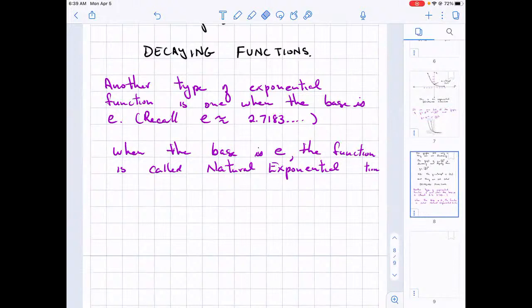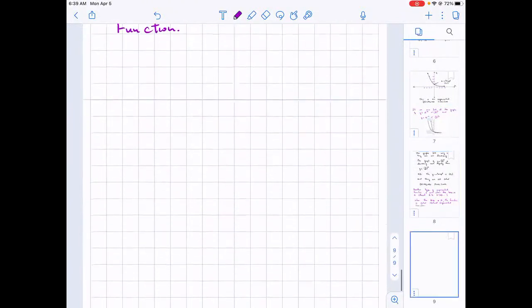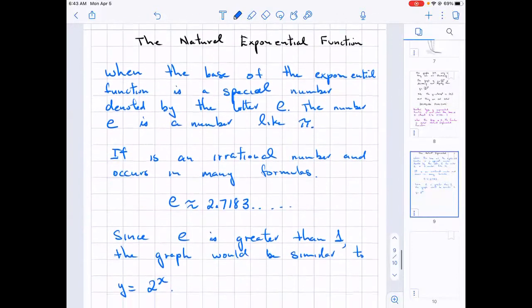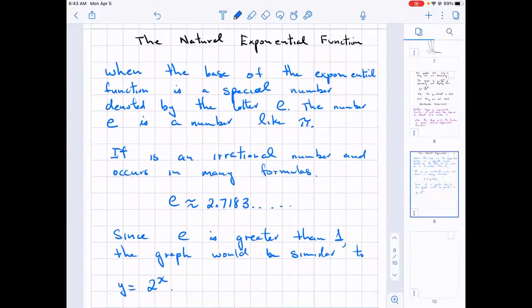So let's look at the natural exponential function now and see what the graph looks like. When the base of the exponential function is that special number e, and keep in mind that e is approximately 2.7183 on and on.